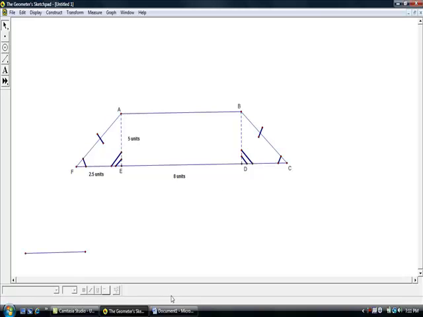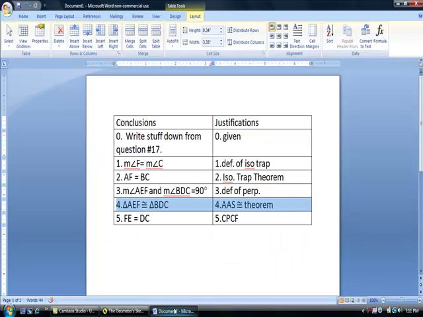If you want to see what it is written out, here it is in Word. I got kind of lazy. I didn't feel like writing down all the given part from the book, so I just said, you know what, conclusion, write down the stuff from question 17 that's given. And here's my measure of angle F equals measure of angle C by the definition of an isosceles trapezoid. AF equals BC by the isosceles trapezoid theorem.